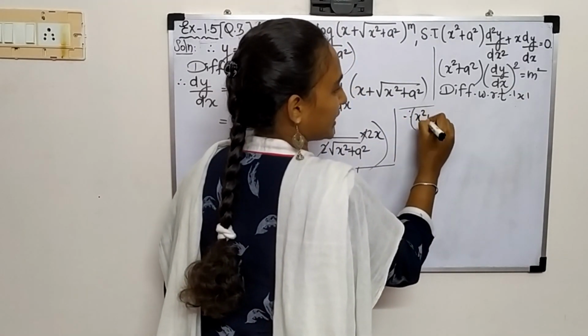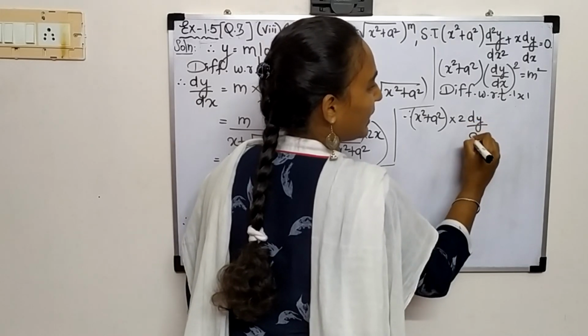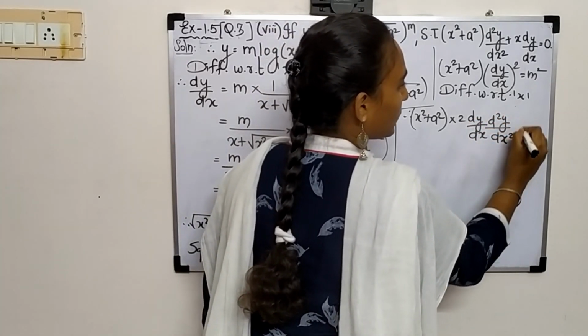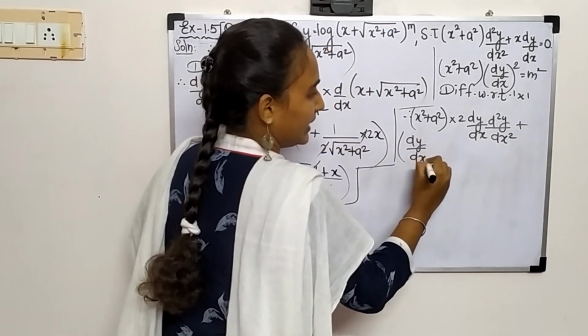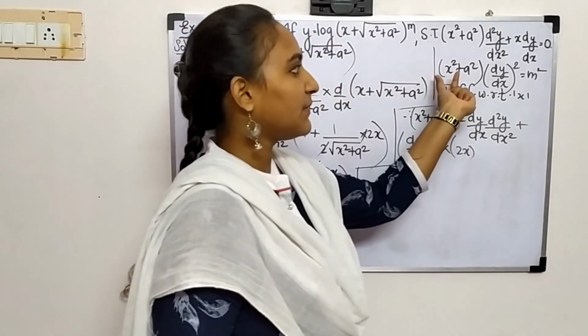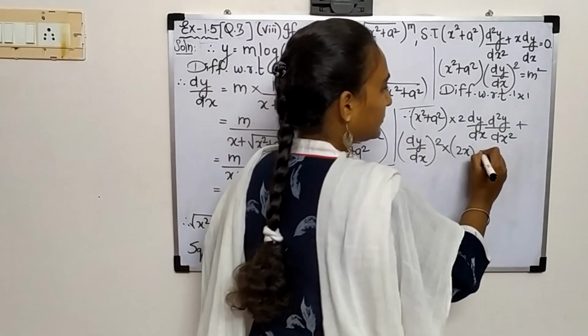Therefore, x square plus a square as it is, this will be 2 dy by dx d square y upon dx square plus dy by dx the whole square into 2x. Because derivative of x square will be 2x and a square will be 0.